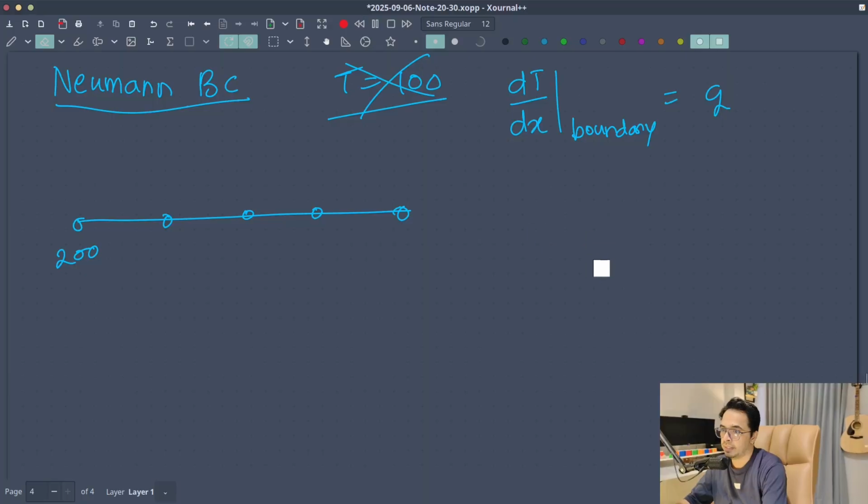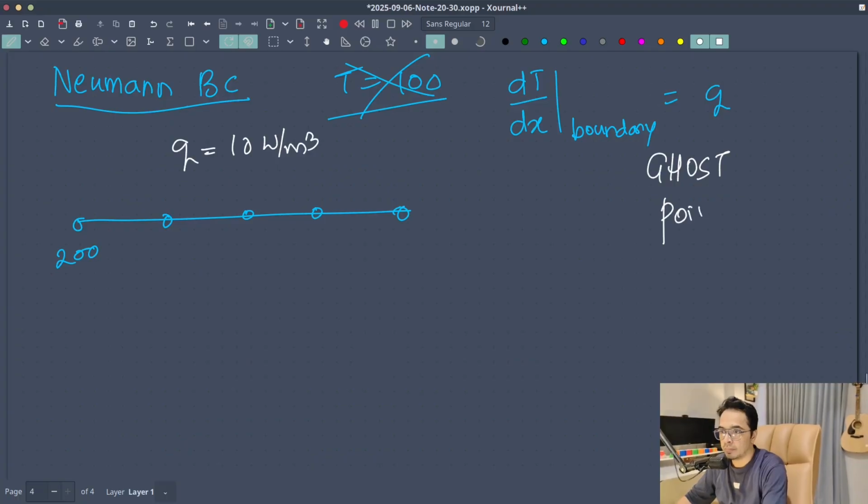Now here there is a very elegant approach in place, and you may want to use that. And what is that approach? That approach is called the ghost point method. The idea is that instead of using the existing mesh, we generate a ghost node, right?